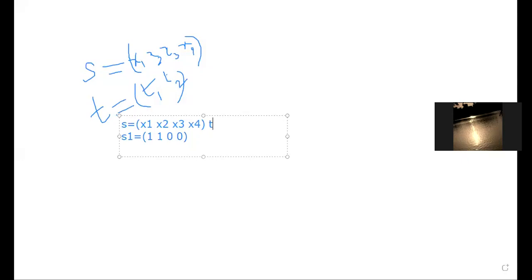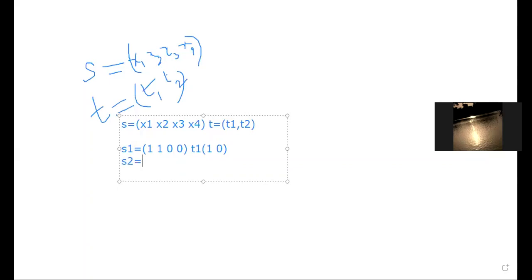Okay. T is again the output row vectors mentioned as T1, T2, like this. Okay. So find the weight matrix when S is equal to 1, 1, 0, 0 and T1 mentioned as 1, 0.